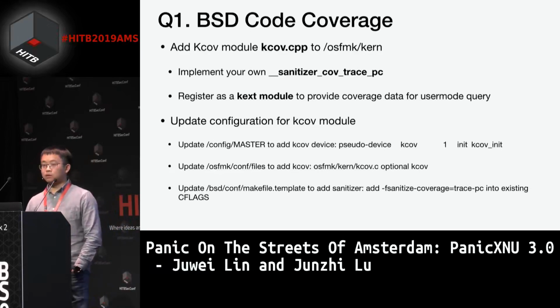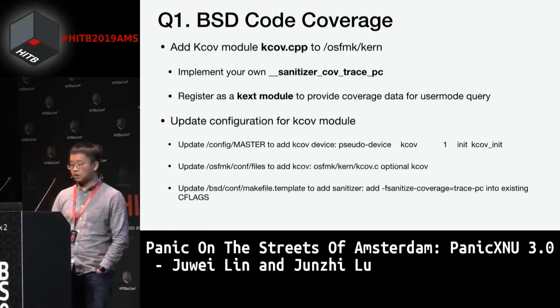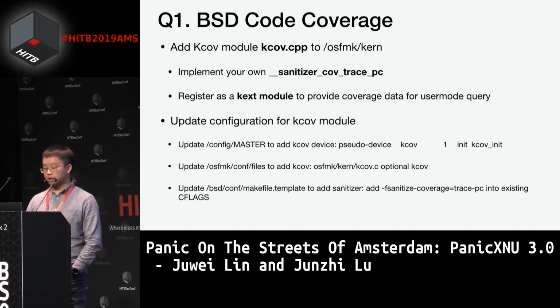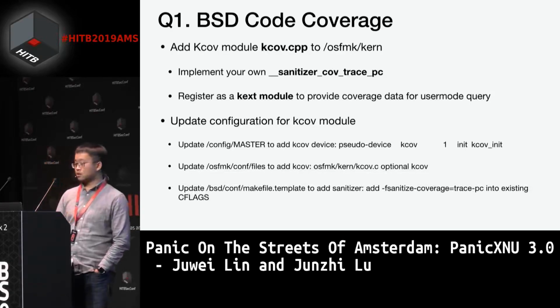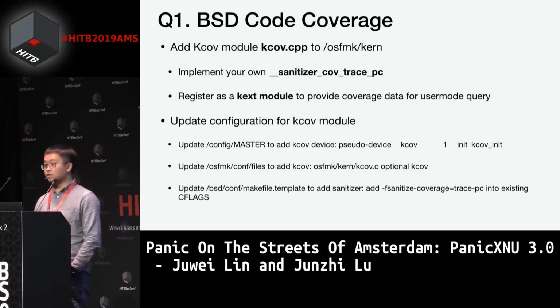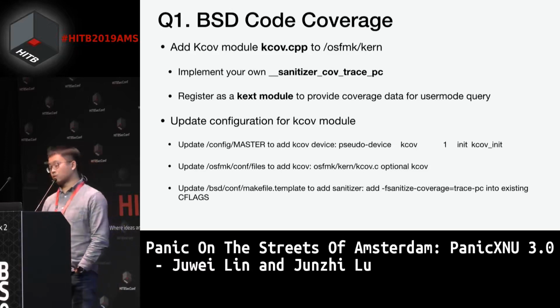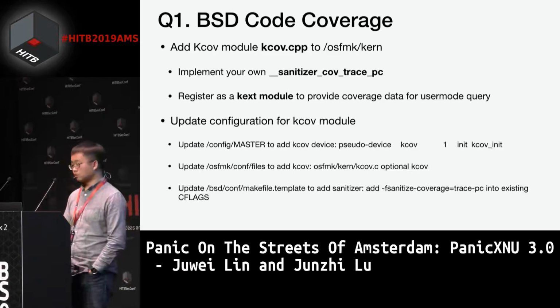I developed a module named kcover, very similar to the one in Linux. This module includes 2 major parts. The first part is the function __sanitizer_cover_trace_pc, which is used to extract the code coverage data. The second one registers itself as a kernel extension module to send the code coverage data back to the user mode fuzzing tool.